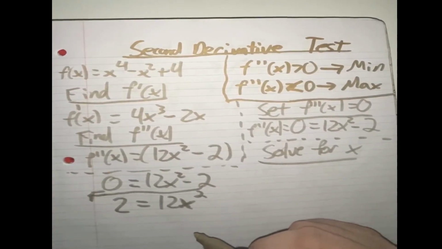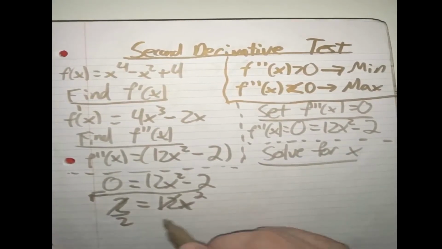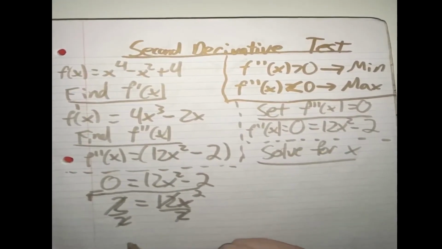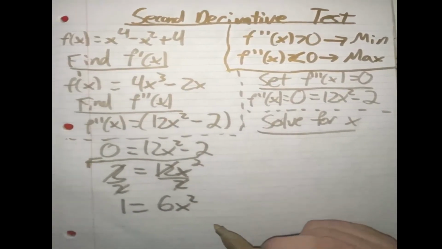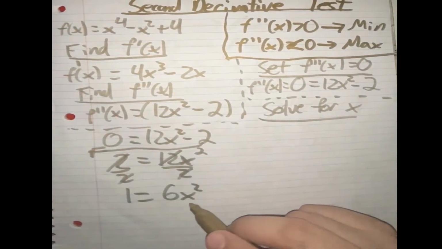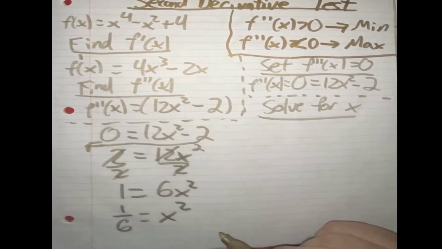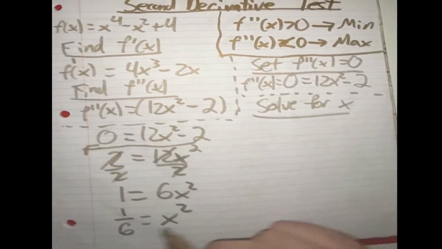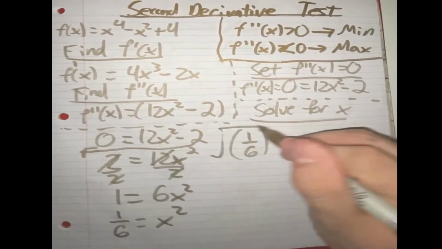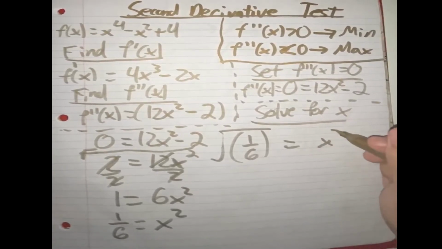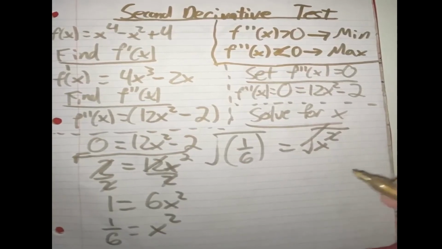And then the next step would be to simplify this. So we're going to divide both sides by 2. And in doing this, we get 1 is equal to 6x squared. And then in solving for x, we divide by 6: 1 over 6 is equal to x squared. And then the final step would be to simply take the square root of both sides. The square and the radical cancel each other out.